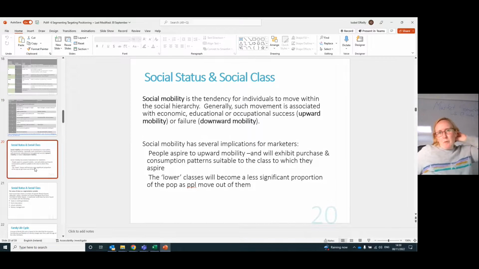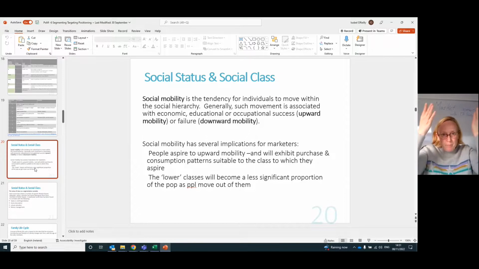So social mobility. So why are we learning all of this? Let's bring it back to marketing. What's the whole point? Social mobility is the tendency or the idea that individuals want to move, or they move within social hierarchy. Generally, such movement is associated with economic, educational, or occupational success.